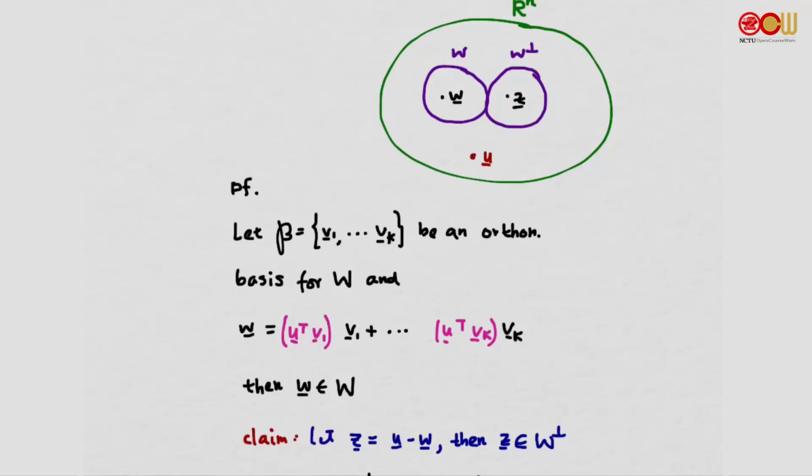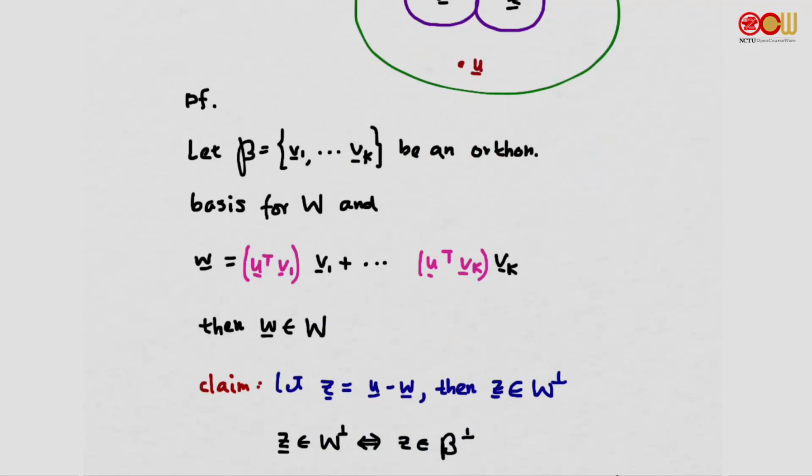Suppose we let z be u minus w. Then we claim that z is in W perp. So if we let w be this vector, then we claim that the difference, u minus w, is in W perp.